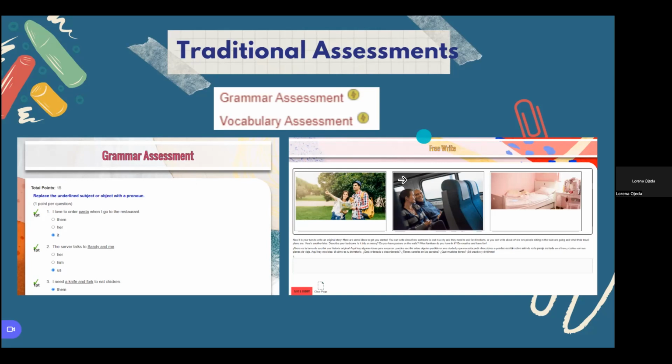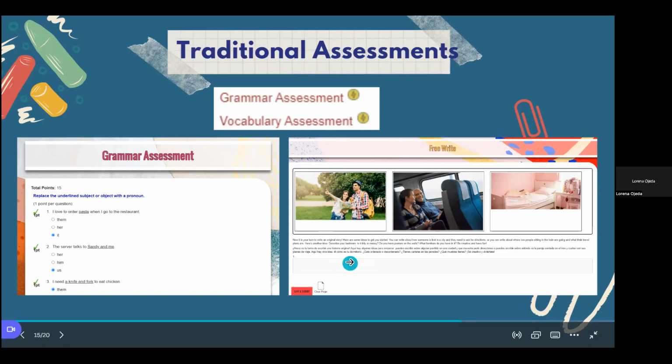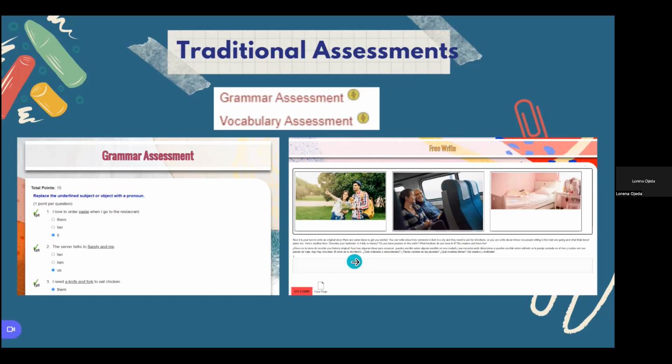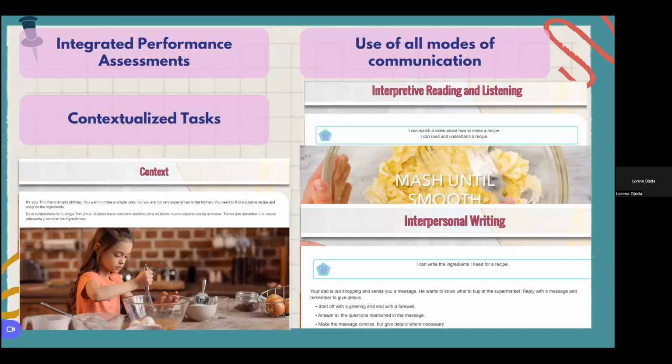The free write could be something like going or meeting a person at a restaurant, and what would you like to order? How would that order look like if it is just beginners? And for free writes, we always like to give 3 different types of options based on the different types of expressions and topics that were discussed during the unit. But that's basically traditional assessment.